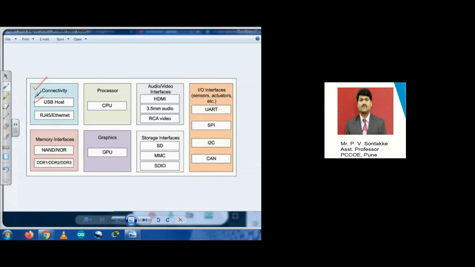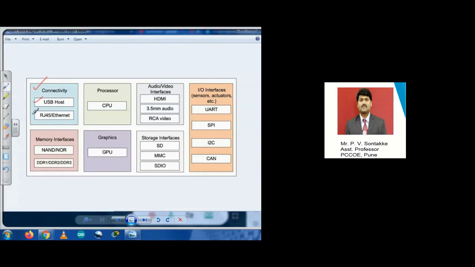On Raspberry Pi, specifically the Raspberry Pi 3B+, there are four USB 2.0 ports where we can connect four different peripheral devices. You can use your keyboard, your mouse, or any kind of handheld device directly with this USB port.